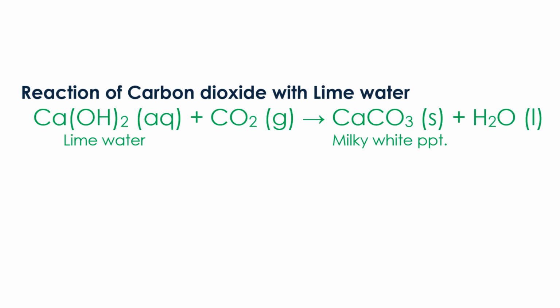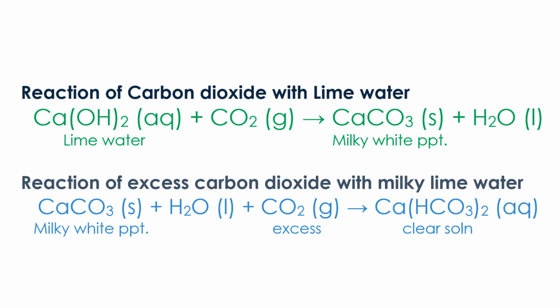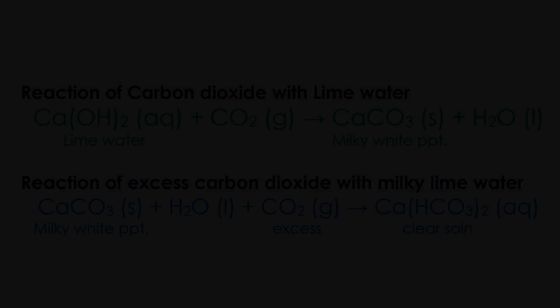This insoluble calcium carbonate is what turns the lime water cloudy or milky. If excess carbon dioxide is further allowed to bubble through the milky lime water, the turbid solution becomes clear again due to the formation of soluble calcium bicarbonate instead of calcium carbonate, which is insoluble.